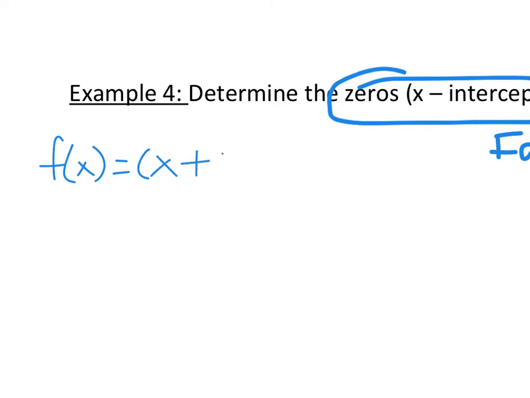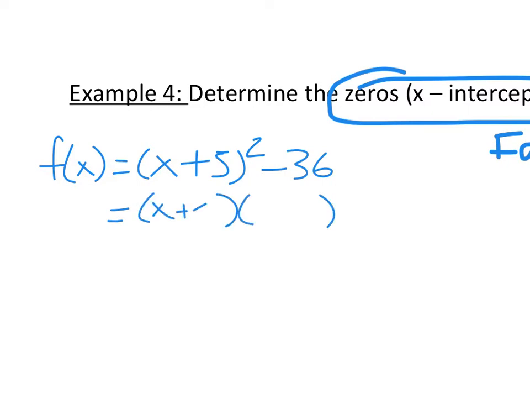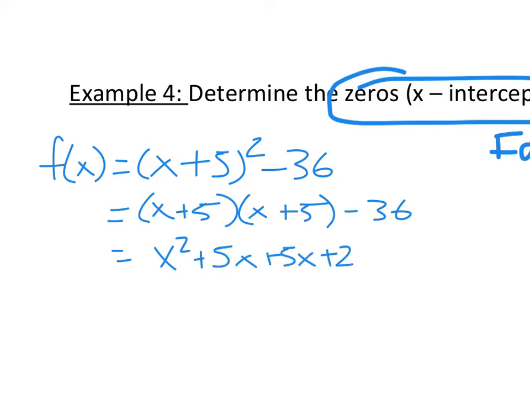So x plus 5 to the power of 2 minus 36. I'm going to write that twice. And it looks like the same one above, except that instead of two negative 5s, it's positives. So we're going to have x squared, 5x, 5x, and 25.